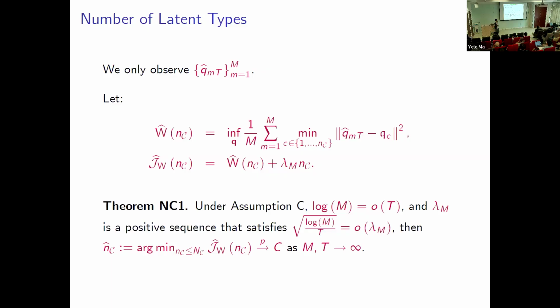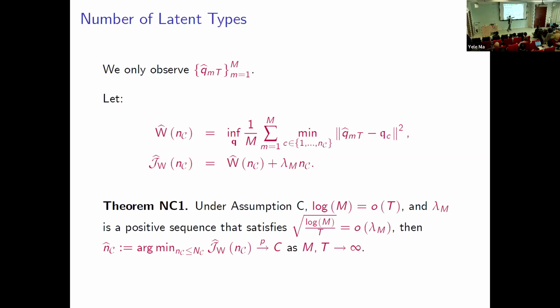You would also not want to underfit, because if you underfit, it means that the limit of this objective function, assume that we know what Q is, then you're not going to get the perfect fit. Whereas if you choose C or more types, the limiting objective function is going to be 0 exactly. Therefore, you're not going to underfit either.